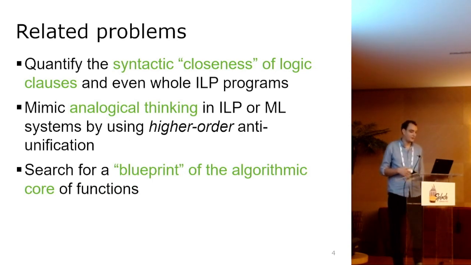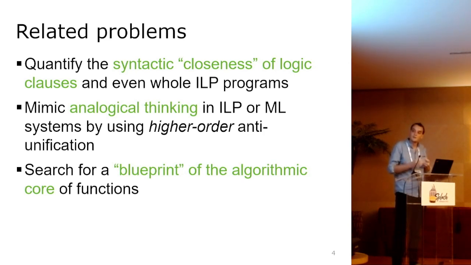However, some related problems have been studied in the literature. Some have already tried to quantify the syntactic closeness of logic clauses and even whole inductive logic programming programs. Some others have tried to mimic analogical thinking, still in the context of inductive logic programming and machine learning, by using so-called higher order anti-unification, where you can also variabilize in the generalization process.